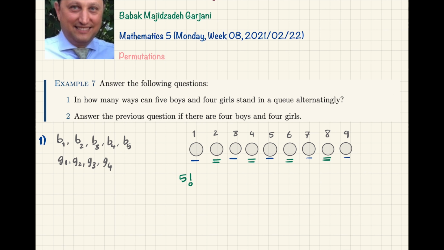So the second stage can be done in 4 factorial ways. Now this task is accomplished when both stages 1 and 2 are accomplished. So I have to use the product rule. So the answer to the first part of the question is 5 factorial times 4 factorial.